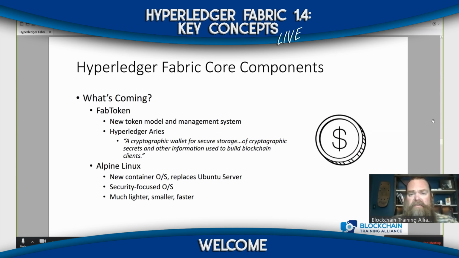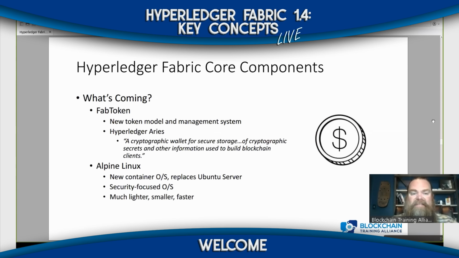Compared to Ubuntu Server, Alpine is much smaller, it's much lighter. It has a much, much smaller footprint, and it is an operating system that is designed with security in mind right from the beginning. So it is a very, very security-focused OS. It is not to say that Ubuntu Server is insecure, but Ubuntu Server is focused on being a very general offering, a Swiss Army knife.